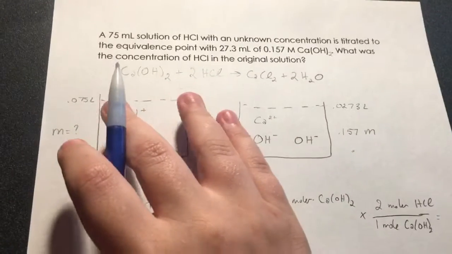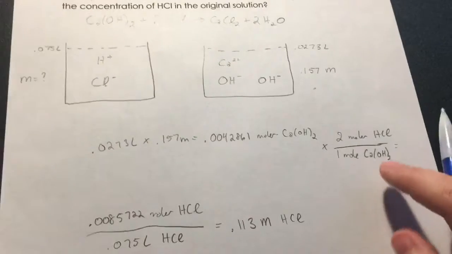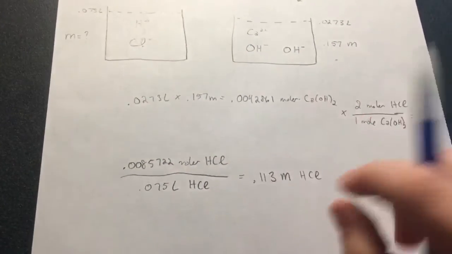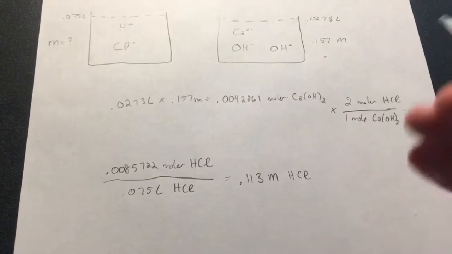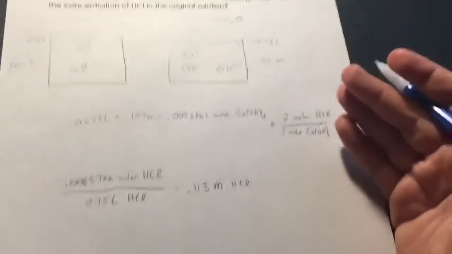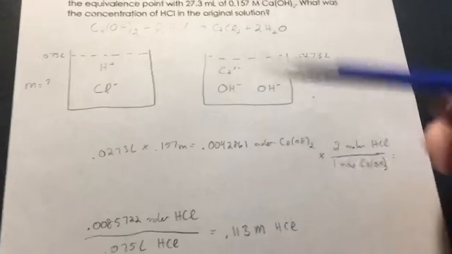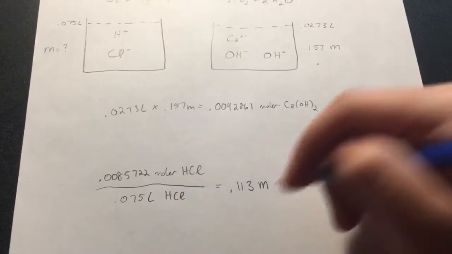Let's say you accidentally put 1 in front of the HCl. Then you would multiply by 1 here, and so you would carry these moles over, and you would get a totally different answer. That could be a common mistake by students. But if you know your titrations and you know how to balance the equation, then you would get the correct answer.